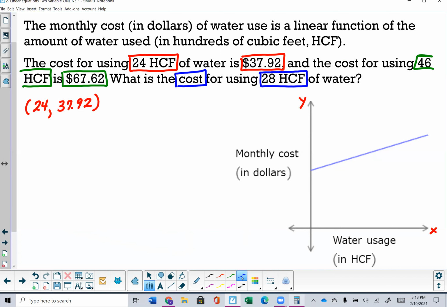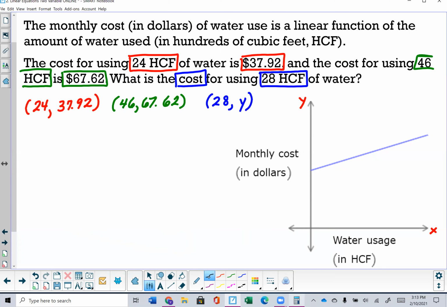The second ordered pair, I'm going to write that as 46, comma, 67.62. And then the third ordered pair, I'm going to write as 28, comma, y.